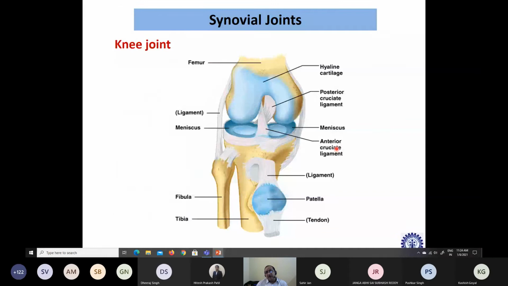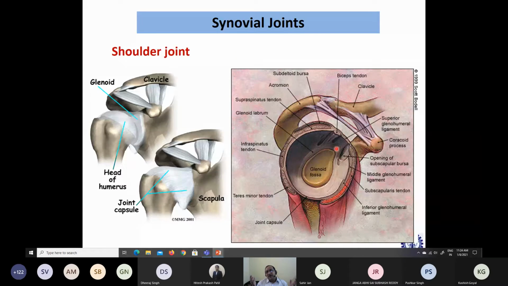You can easily understand that the shoulder joint combined with the elbow joint gives us a huge range of motion, whereas the range of motion offered by the knee joint and the hip joint is relatively less compared to the upper limb joints.